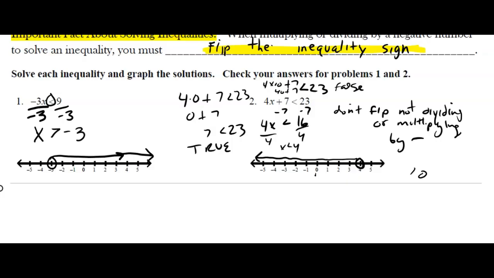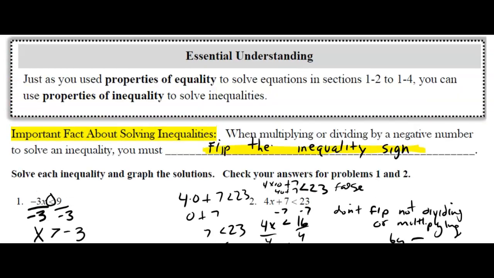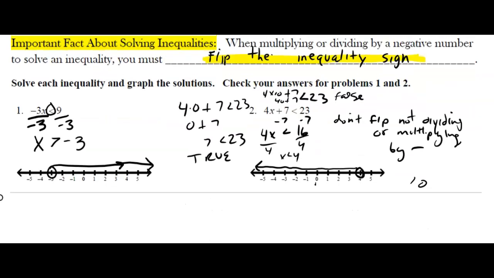Is 23 less than 23? No, they're equal. So that's where if you had that equal sign underneath, which we don't, so let me get rid of it. If you had that equal sign underneath, it would work. But we don't, so that's why that's an open circle.